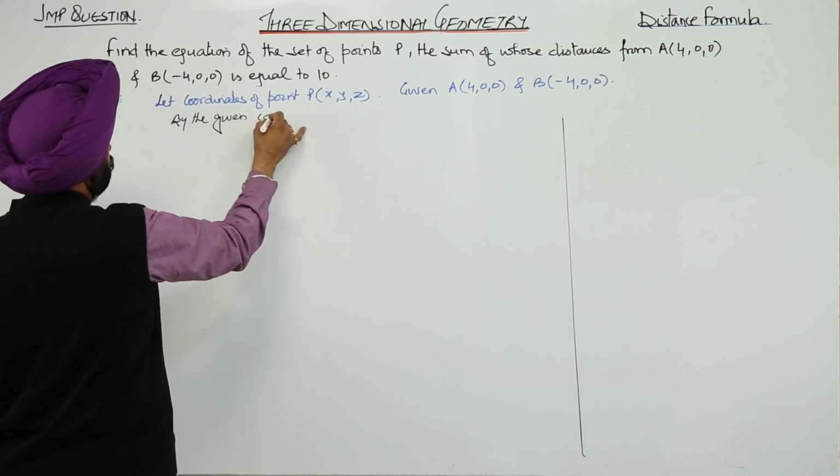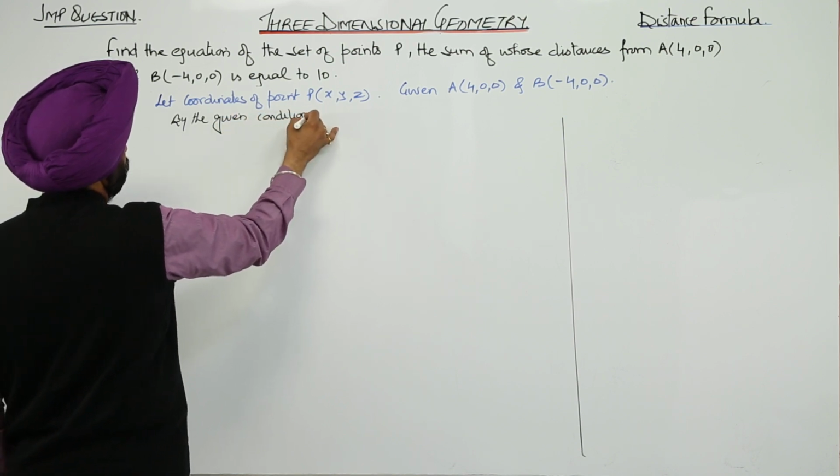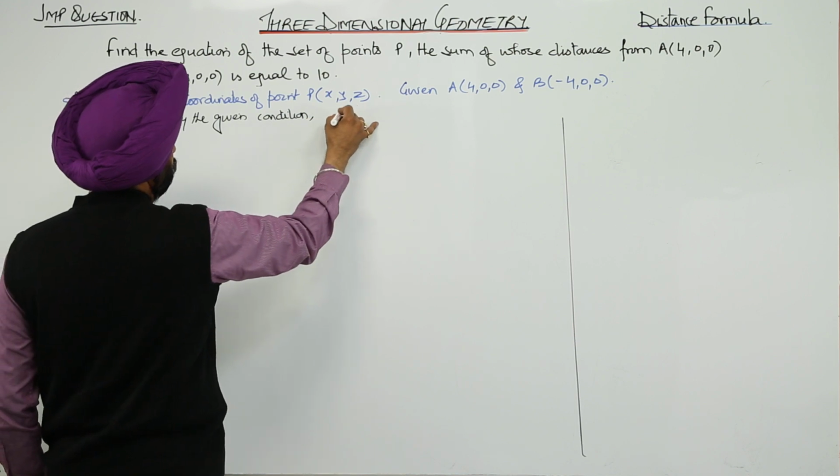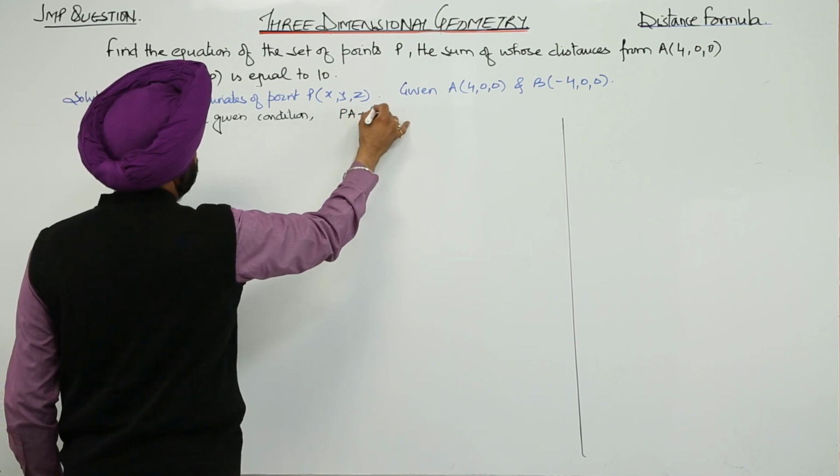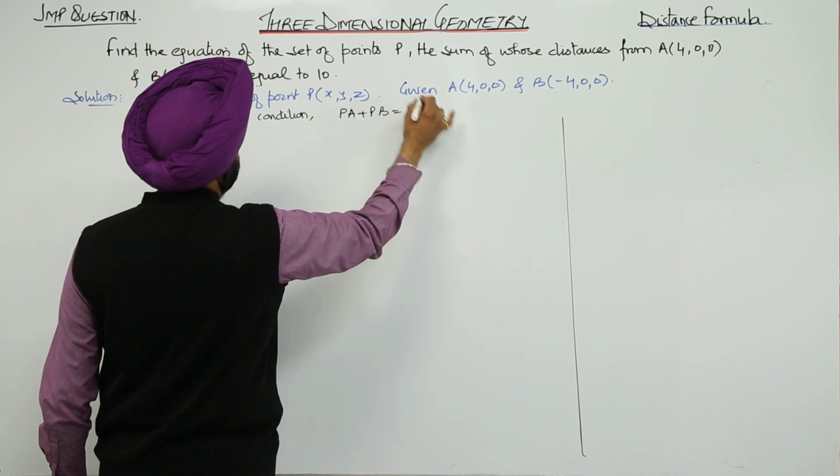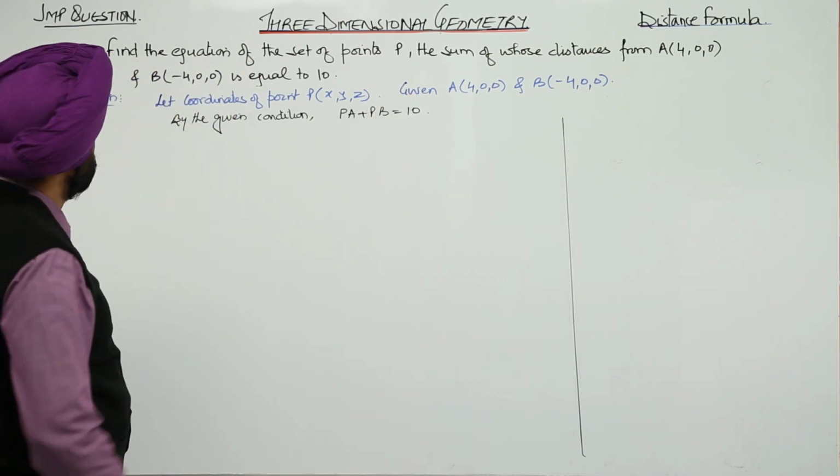By the given condition, PA plus PB is equal to 10. This is given to us.